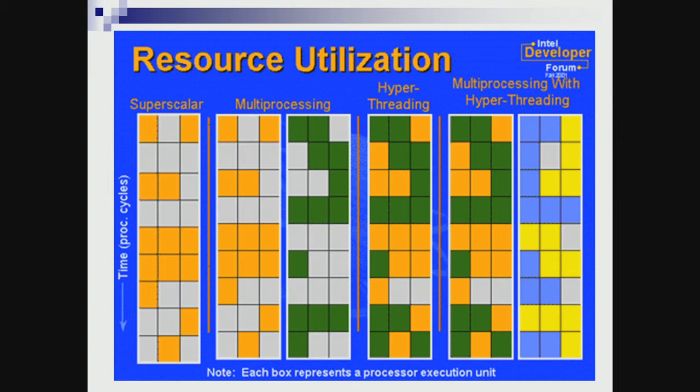Today we are looking at multiprocessing with hyper-threading. That makes much more sense, wherein you have a green, a yellow, orange, a blue and a yellow, a set of 4 types of programs. As you move from the left to the right, the number of white blocks significantly reduces, and this is one of the ways by which I could get better performance for my workloads.